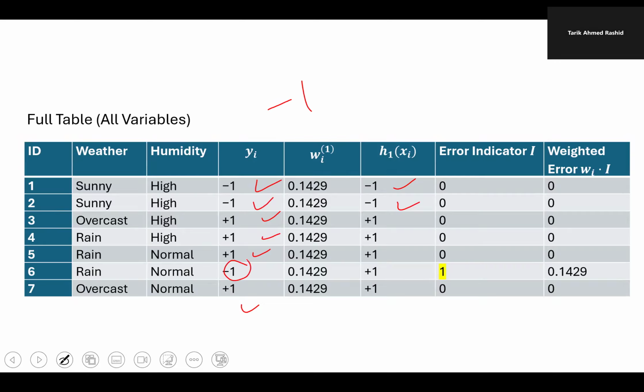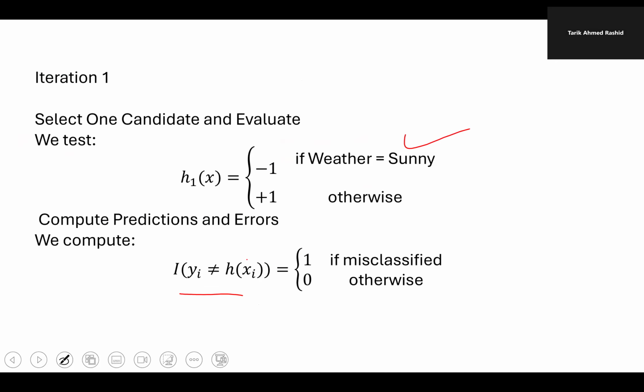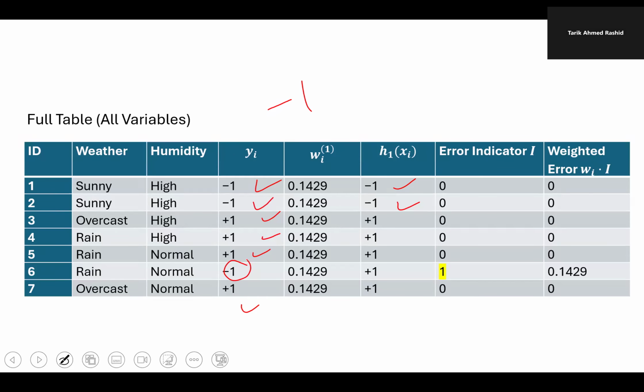That one is our error, because for rain the target is -1, while the condition is h(x) equals -1 if the weather is sunny, otherwise all +1. So that's the condition that we hold. Since this one is not sunny and it is -1, it cannot match.